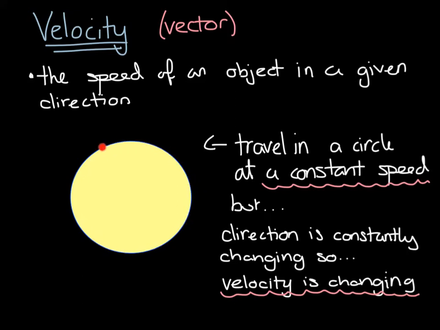So you can have situations where an object's speed is constant, but its velocity is constantly changing, because the velocity of an object is the speed of an object in a given direction. It is a vector.